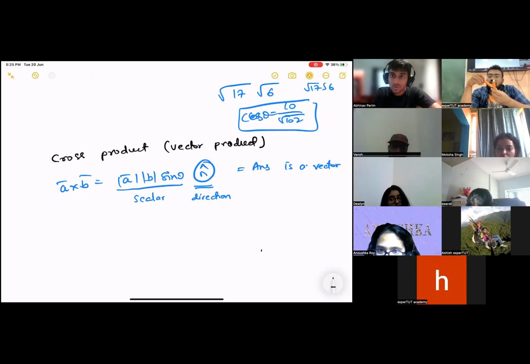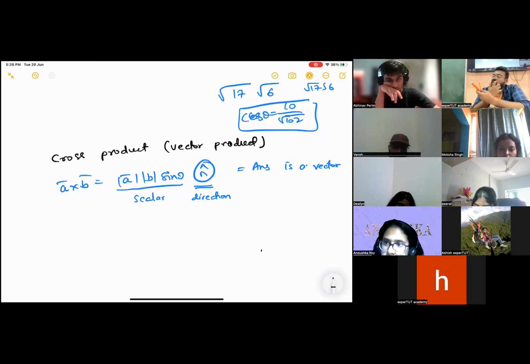These are 2 vectors. If you take orange cross yellow, so A cross B, if this is A vector and this is B vector and this angle theta is the angle between them, then the cross product value is mod A mod B, the length of these, into the sine of the angle between them, sine theta.